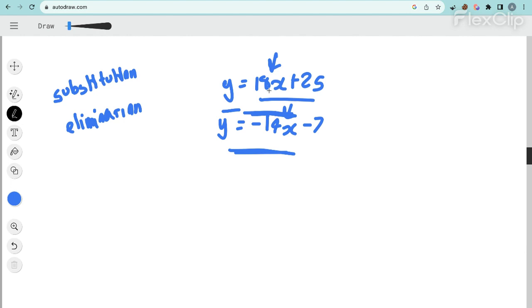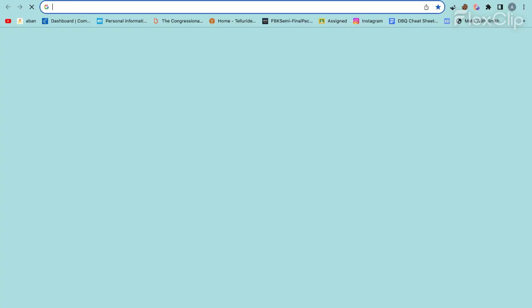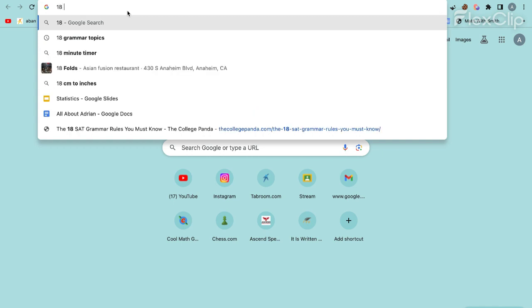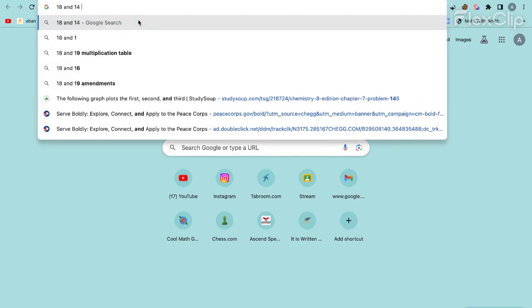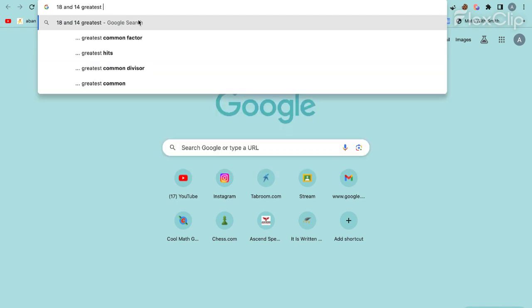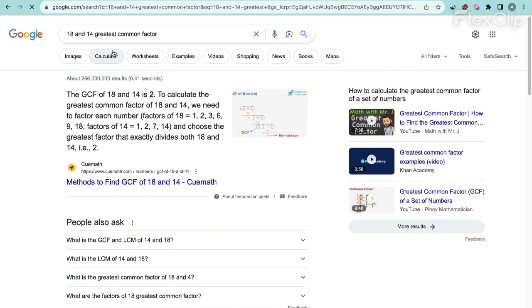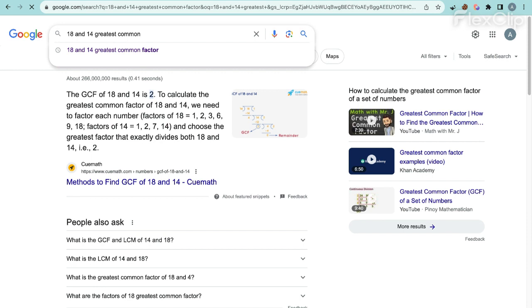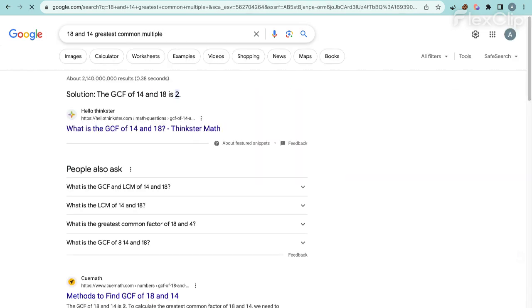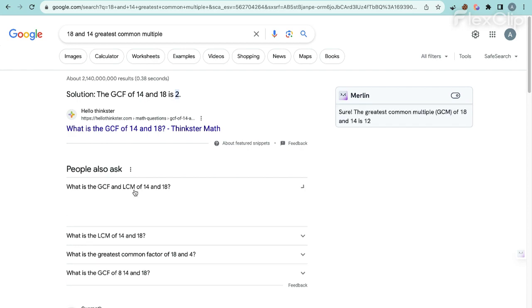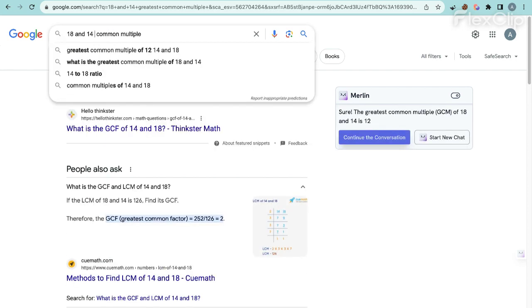So let's do that right now. Like I said, normally there's one method that works better, and here it's clearly substitution, but just for the purpose of showing you how elimination works, I'm going to look up the greatest common factor between these two. Oh, sorry, no, I meant greatest common multiple. Greatest common factor is just something they share. Sorry, least common multiple is what we look at.